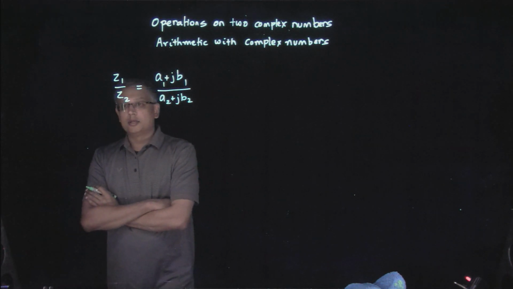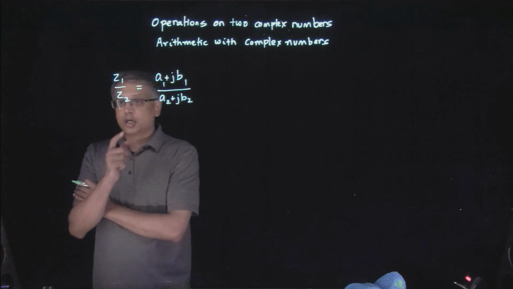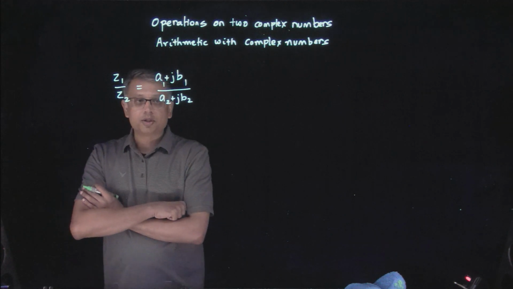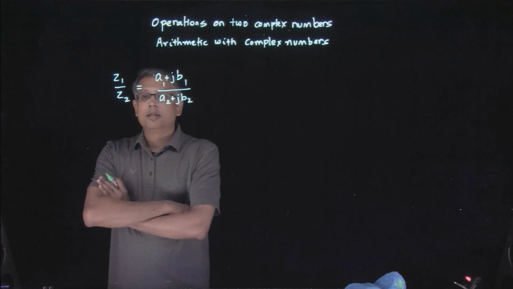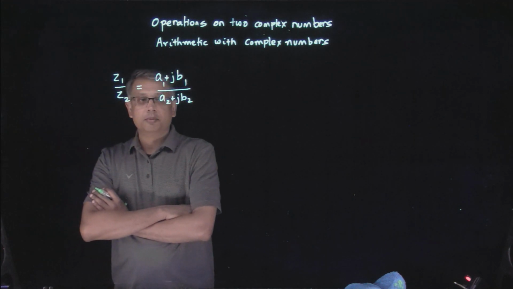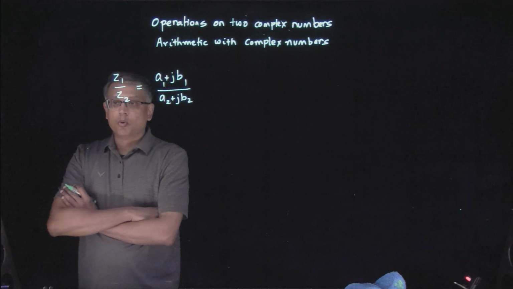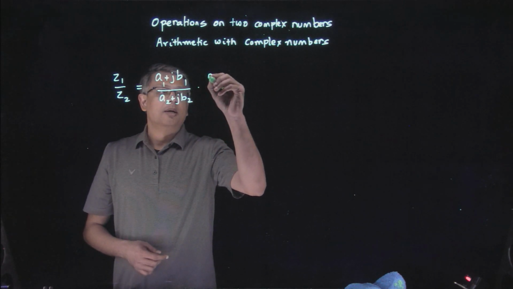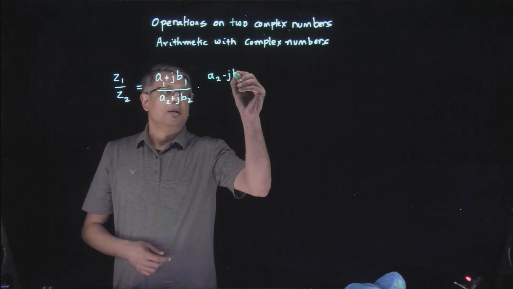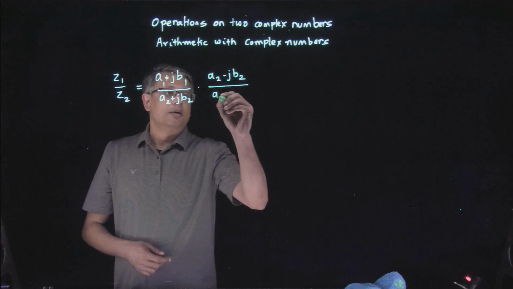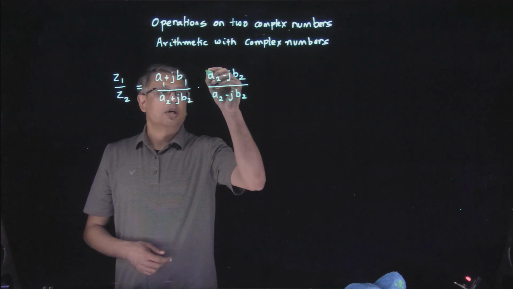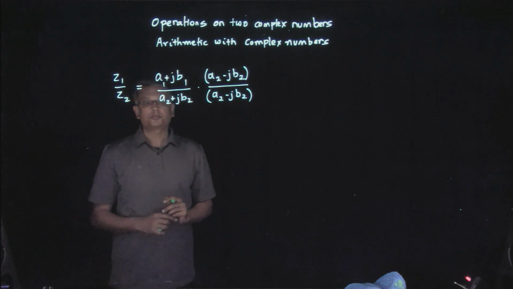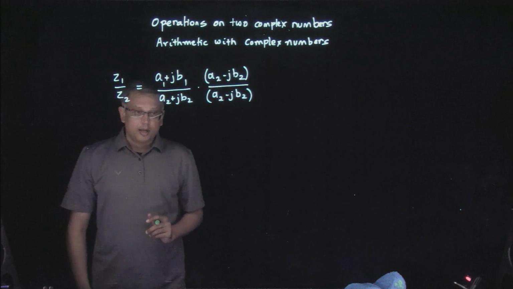And if I want to write the result of z1 over z2 in Cartesian form, which means I want to write it as a real part plus j times the imaginary part, then it's not obvious how to get the real part and the imaginary part from this. One way to do this is to multiply the numerator and denominator by the complex conjugate of z2.